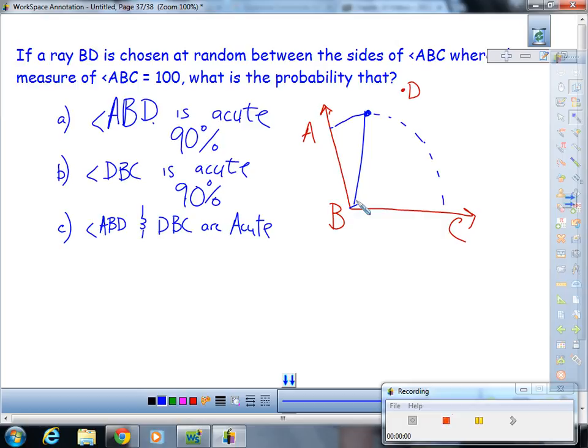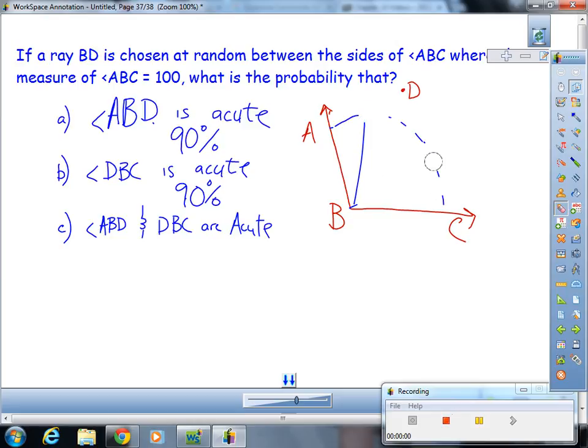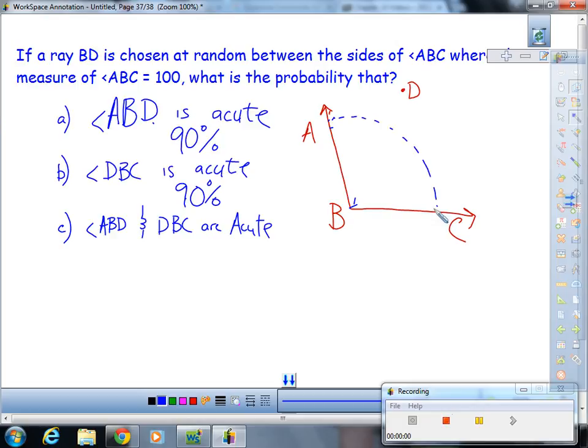All right, so now let's attack the more difficult one, which is part C. It says, what is the probability that both ABD and DBC are acute? Well, let me just test some things. If D was right at the middle, leaving 50 degrees on both sides, would they both be acute? Yes.